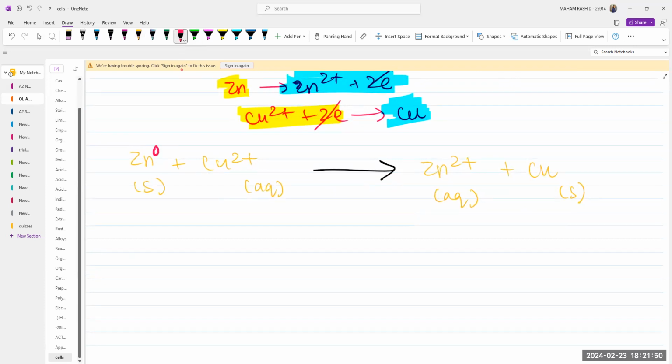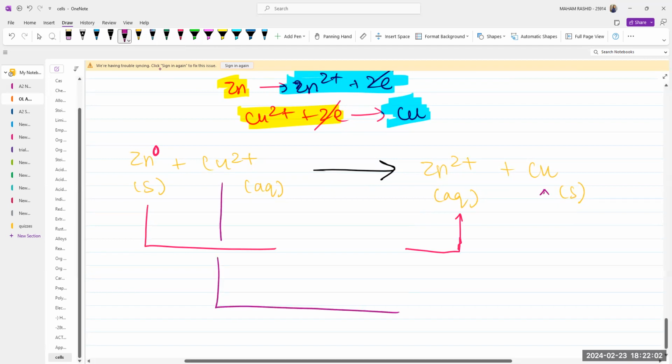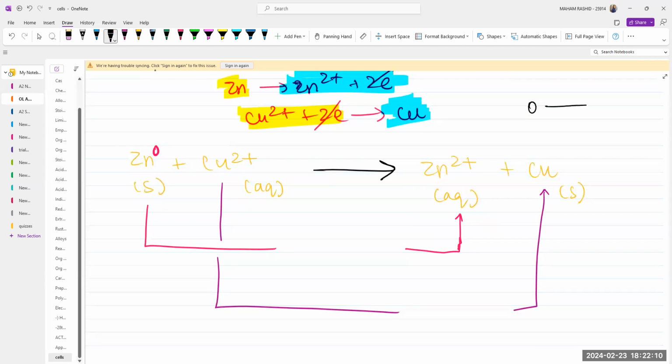Zinc is going from 0 to plus 2. So is it getting oxidized or reduced? It's going from 0 to plus 2, an increase in oxidation state.